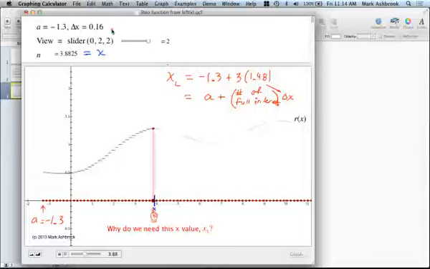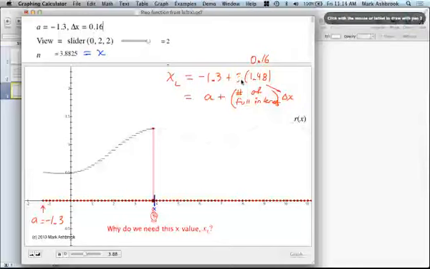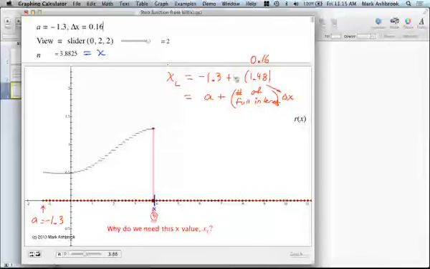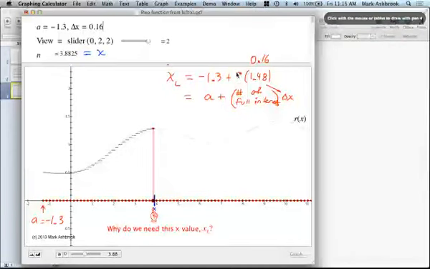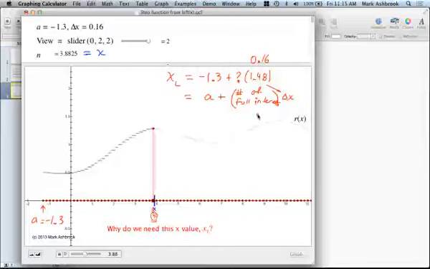I've got delta x as 0.16, and this is the question mark: how many full intervals? We don't want to sit there and count because I could make it even smaller and we could go out to x equals 15. So we need a mathematical way to get that number of full intervals.